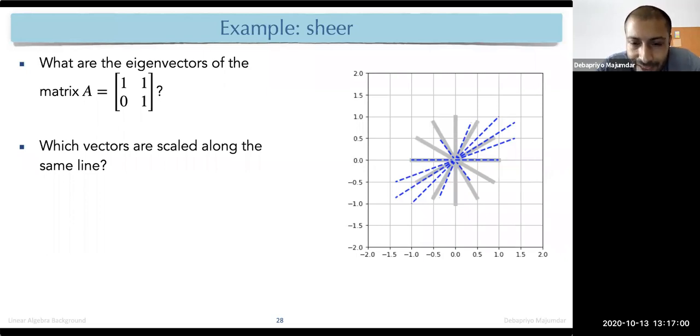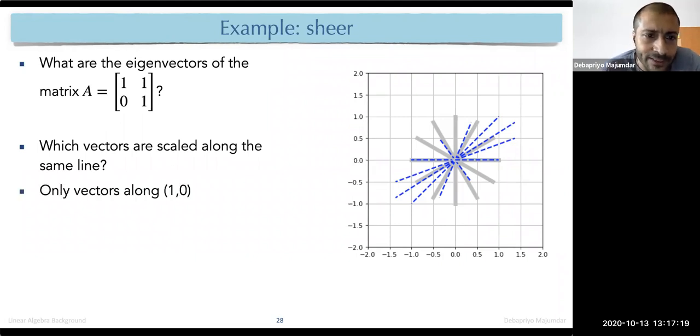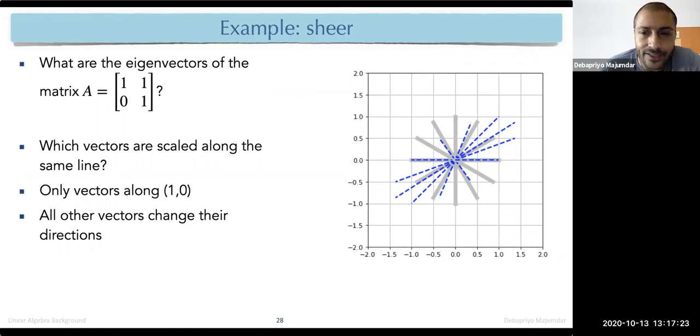So we can say 1, 0 is our eigenvector, and the corresponding eigenvalue is the same, by the way. So the eigenvalue doesn't change. You can represent your eigenvector differently, right? If you multiply the eigenvector by a scalar, that also remains an eigenvector with the same eigenvalue. So which vectors? Only the vector 1, 0. All other vectors change their direction.